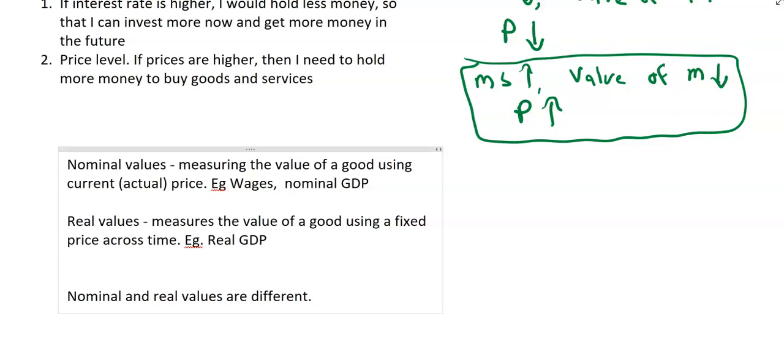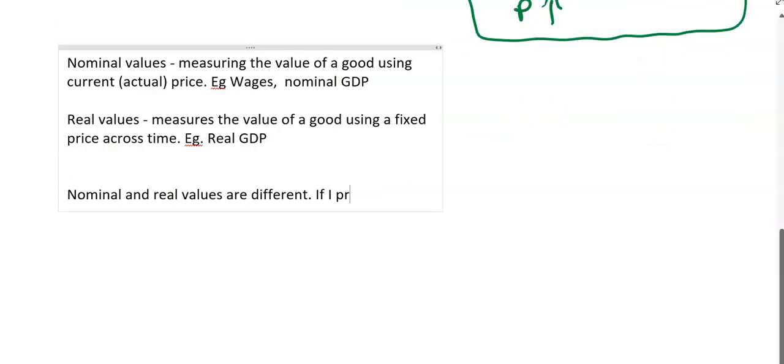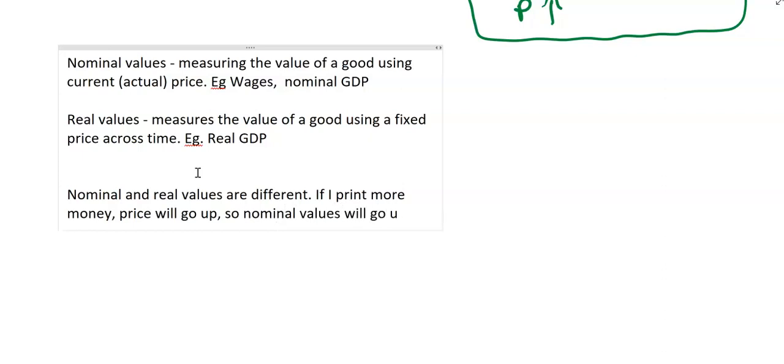And the reason is, if nominal values go up, so if I print more money, prices will go up. So if the general prices go up, then inflation goes up.